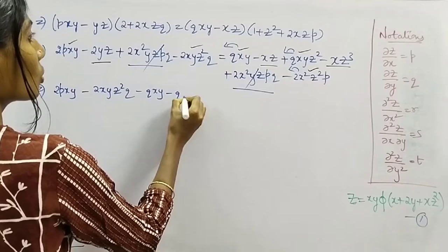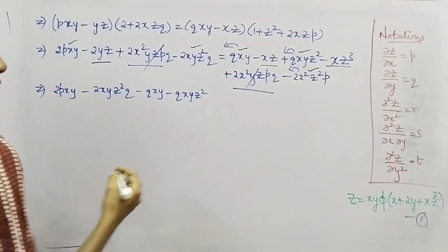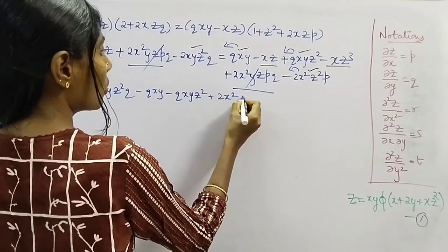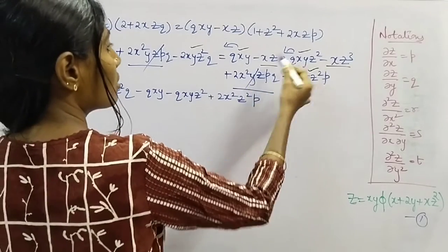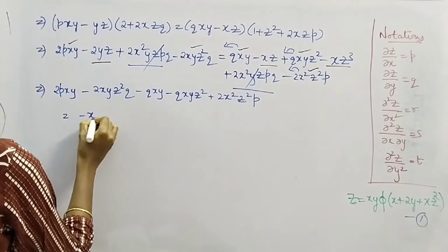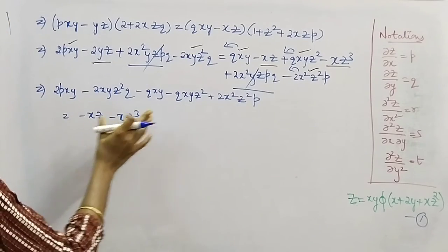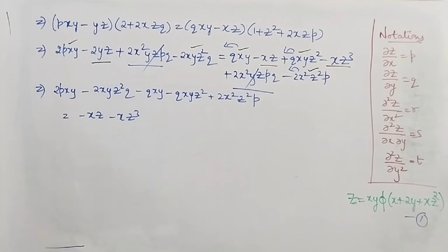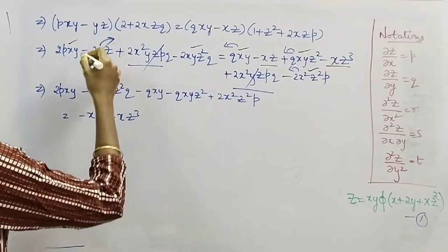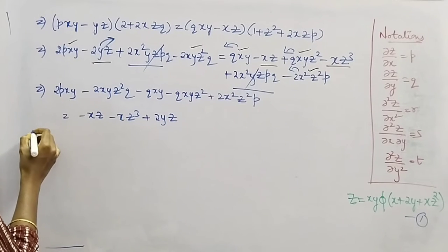Qxyz square becomes minus qxyz square, minus 2x square z square p becomes plus 2x square z square p, okay, equal to the terms that exist in RHS, minus xz minus xz cube. The terms which exist in the RHS which do not involve p and q. Okay, fine. Now we have to take this to RHS, we'll get plus 2yz, right?